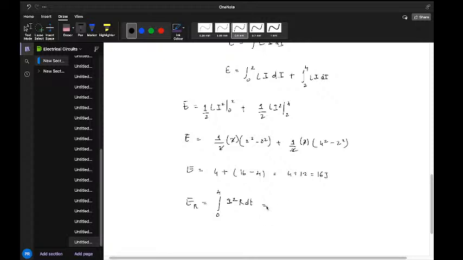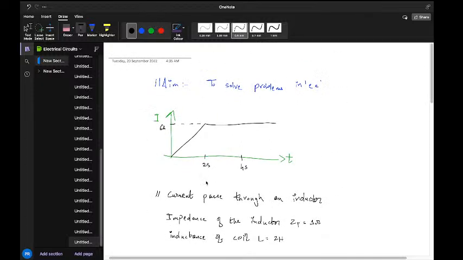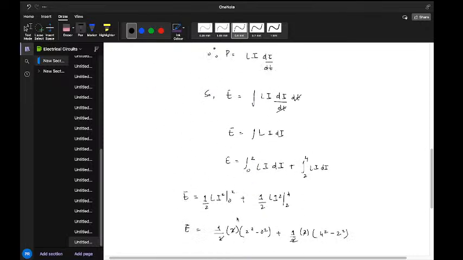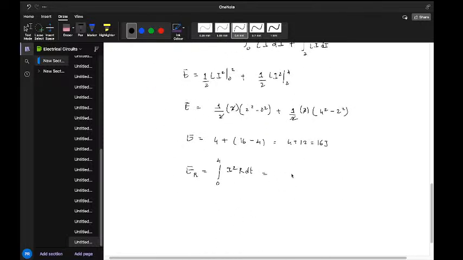Before we proceed, let's change some things here. The current is given in the circuit, 6 amps, and the resistance R is 1 ohm.